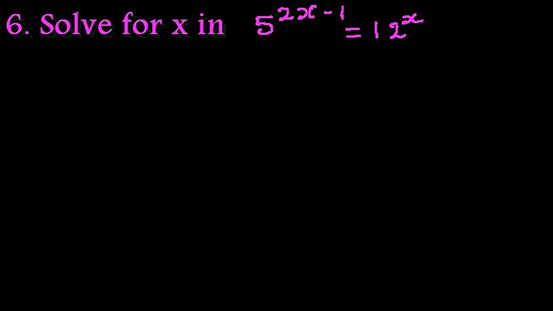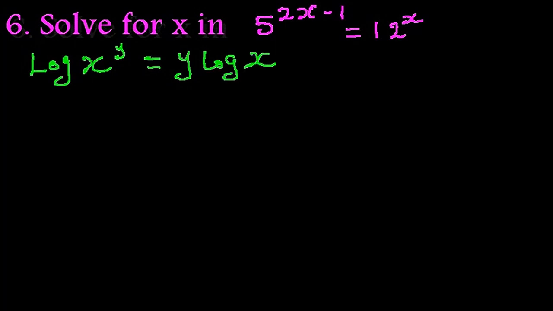So question number 6, we are supposed to solve for x in the equation 5 to power 2x minus 1 is equal to 12 to power x. So this one we will not be able to apply the rules of indices, but we will apply the logarithmic rules, which says the log of x raised to power y is equal to y logarithm of x.